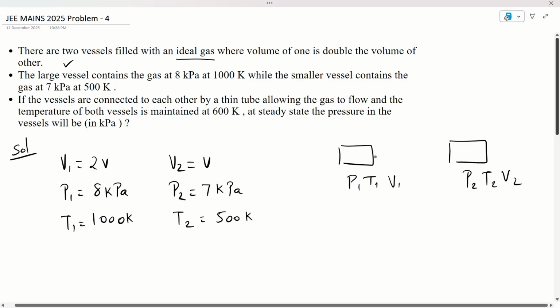If both are connected, the final temperature is TF, final pressure is PF and final volume is VF. So we need to find this final pressure. That's the problem we need to solve and we are already halfway.